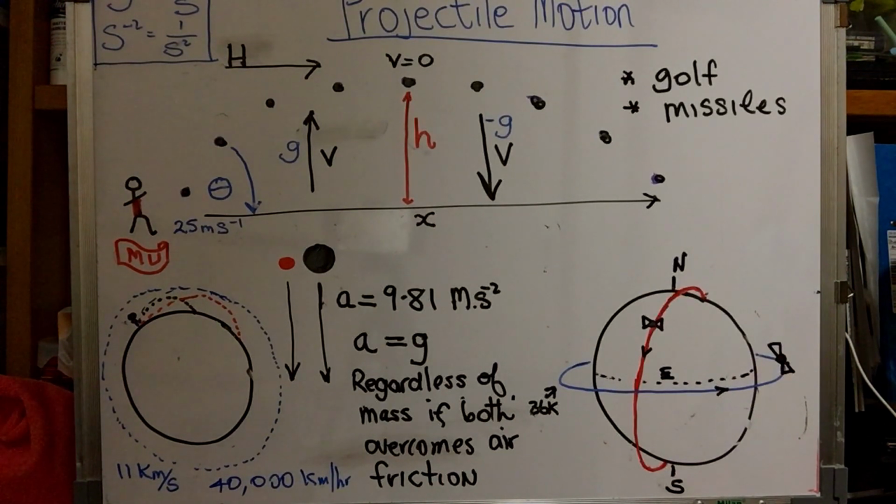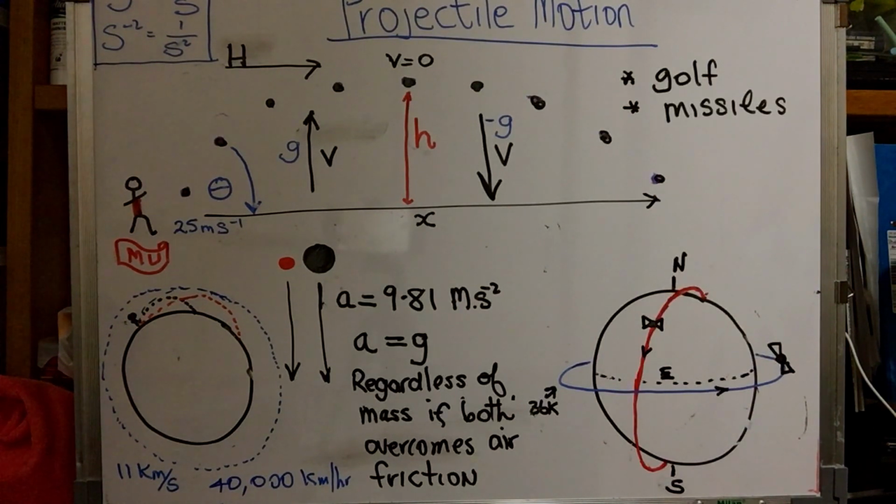Whether it's a bullet, or a missile, or somebody kicking a ball, or playing tennis, you name it. If you hit something, it will follow a parabolic motion, just like you see over here.